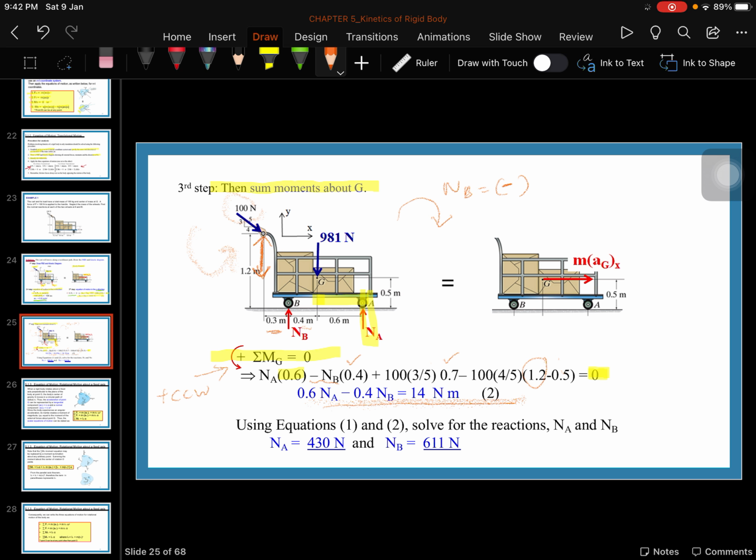You get NA and NB. Please understand by doing this example by yourself.